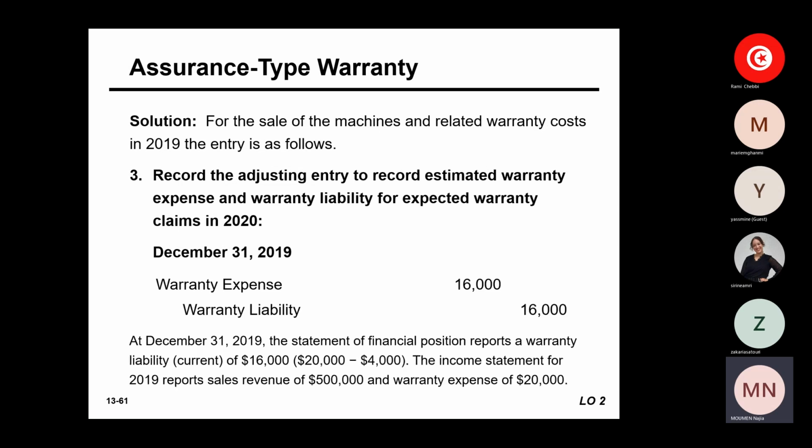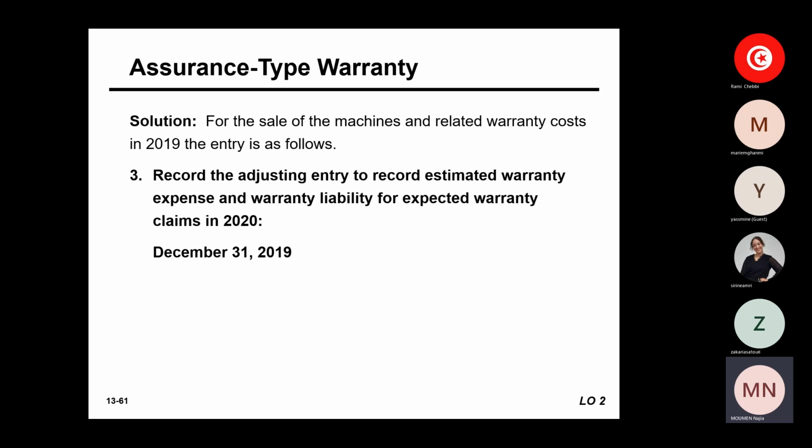So that's of course for the remaining warranty liability for the future, because the actual year already incurred. That's why there is no warranty liability of 4,000 here for the current period. It wasn't a liability because it's already incurred and already done with.